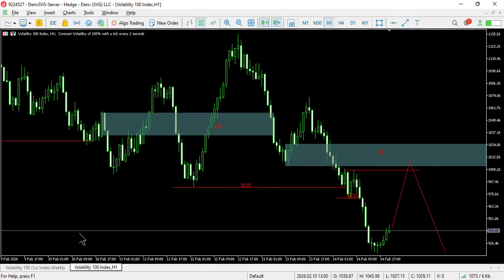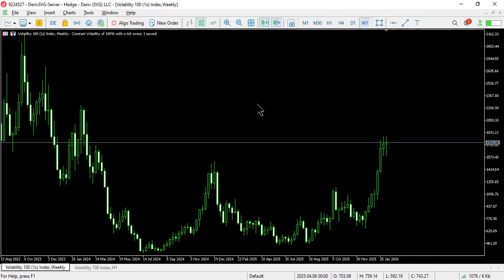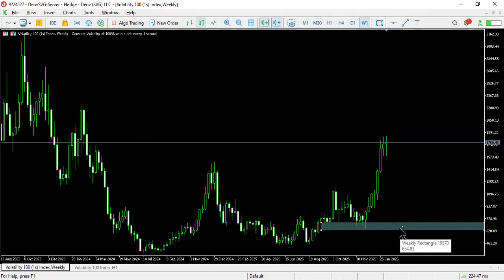And then heading over to Volatility 100. As we can see, price has been very bullish. We have been buying from this demand zone, and Volatility 101S has been clearing all-time highs, and we are still pushing.